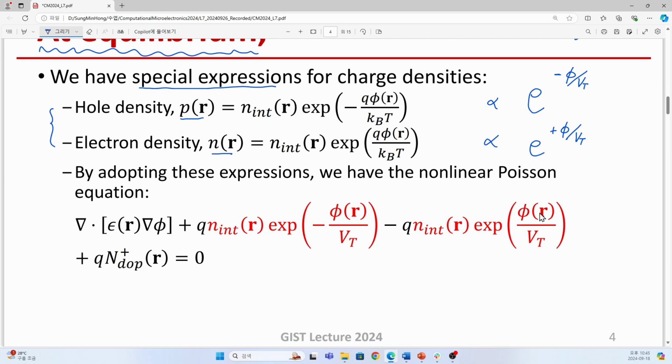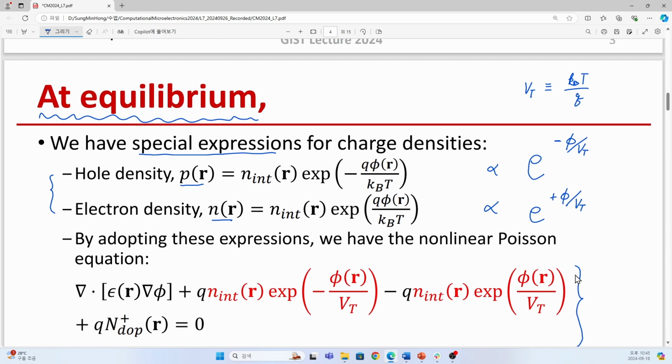Please note that this form of the Poisson equation is only valid at equilibrium, because hole density and electron density should actually be calculated by other means, but in this case, under the assumption of equilibrium, we have introduced special expressions strictly valid only at equilibrium conditions.